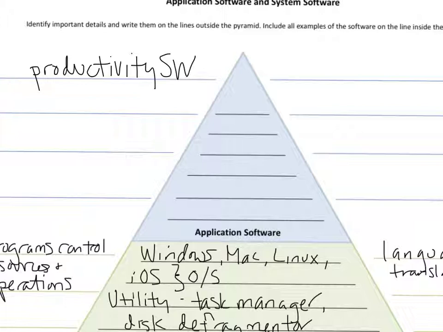What else? Applications. What's application software? How many tasks does this type of software usually perform? One. You usually buy an application to accomplish one thing, really. All right, so it usually performs one task.